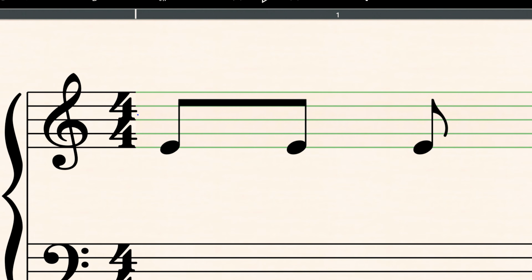Okay, so how do you count these 8th notes? Well, you always want to begin on beat 1. And so what happens is we need to have a placeholder for what the other half of the beat is going to be, right? Because before, say we had all quarter notes in 4/4, that was just counted as 1, 2, 3, 4.